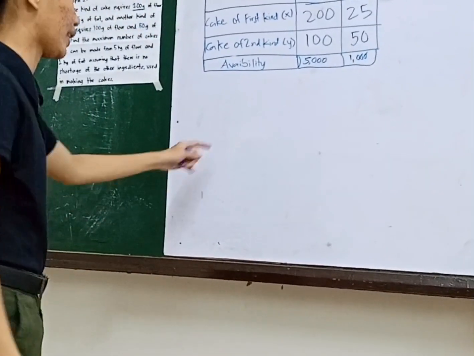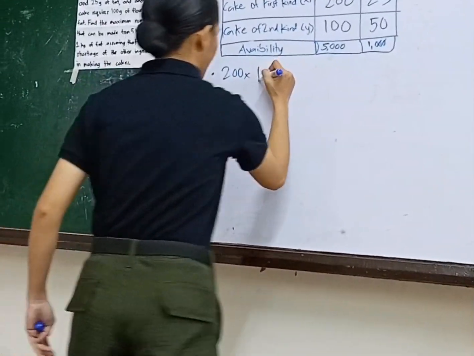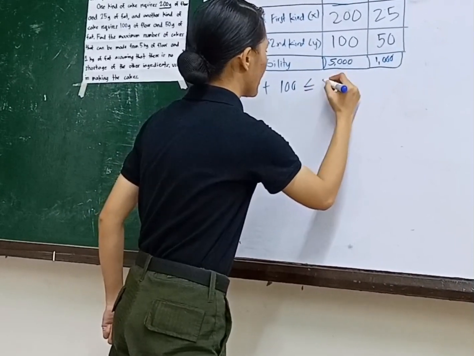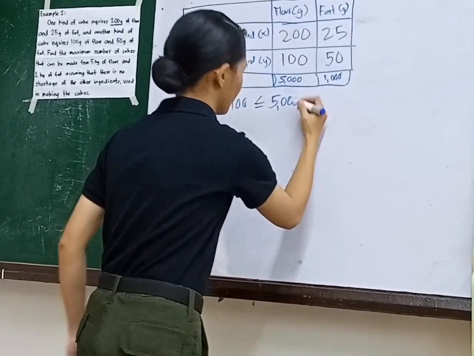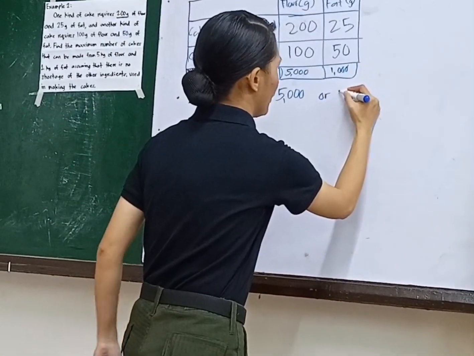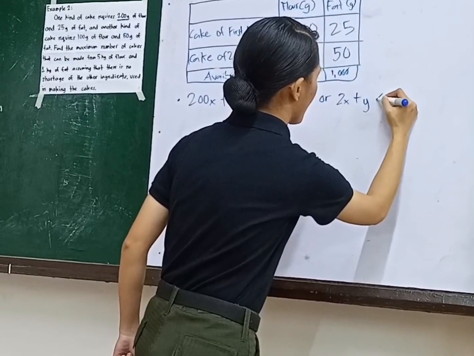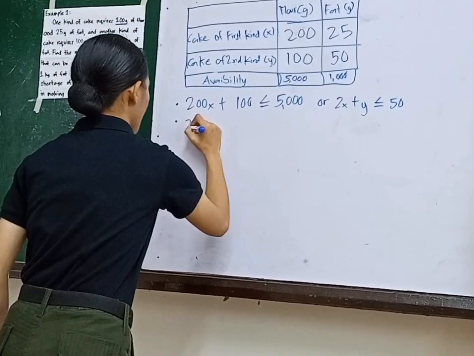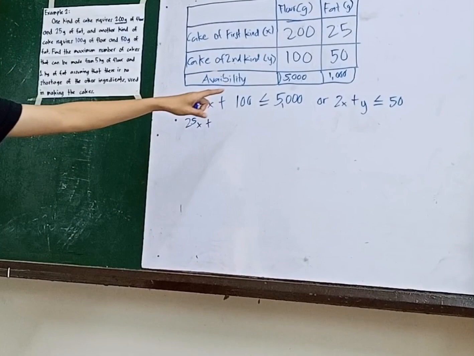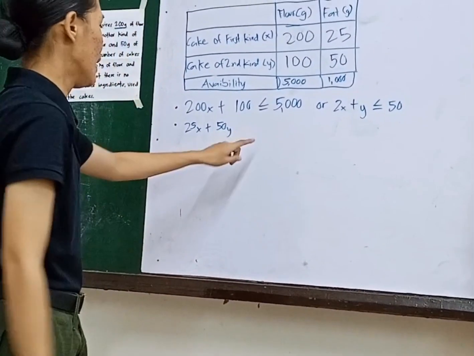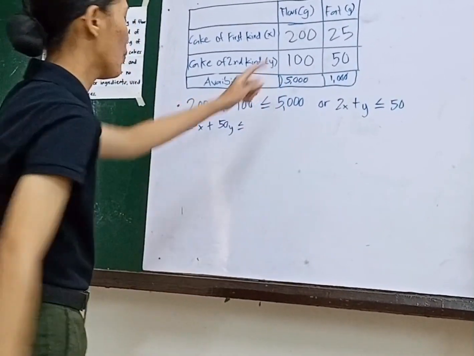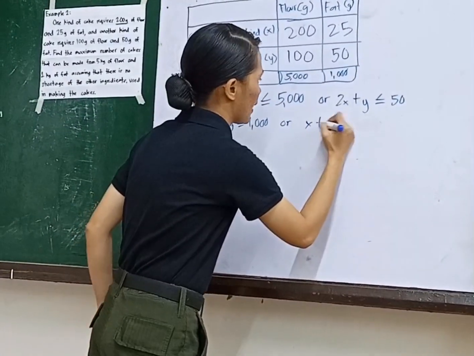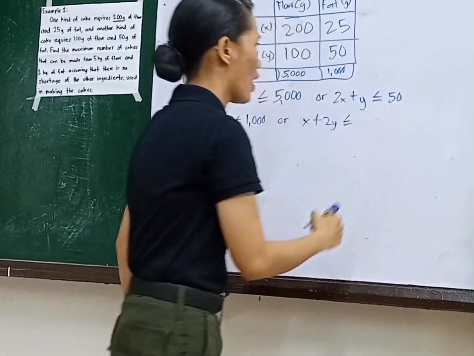To create linear equations using inequalities: 200x plus 100y less than or equal to 5,000, or 2x plus y less than or equal to 50. Then 25x plus 50y less than or equal to 1,000, or x plus 2y less than or equal to 40.